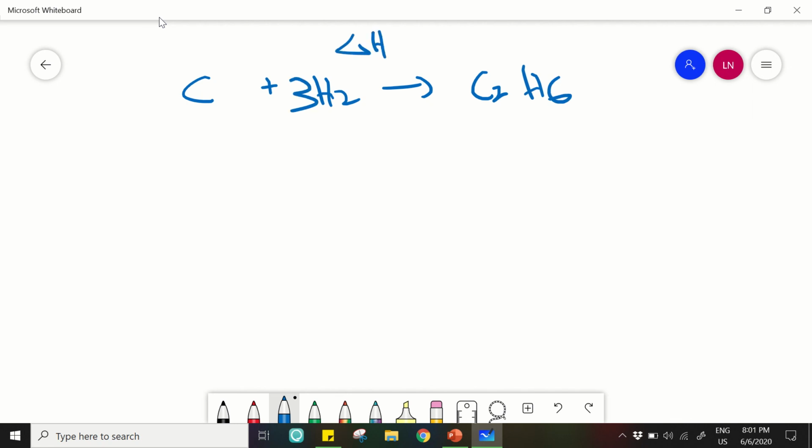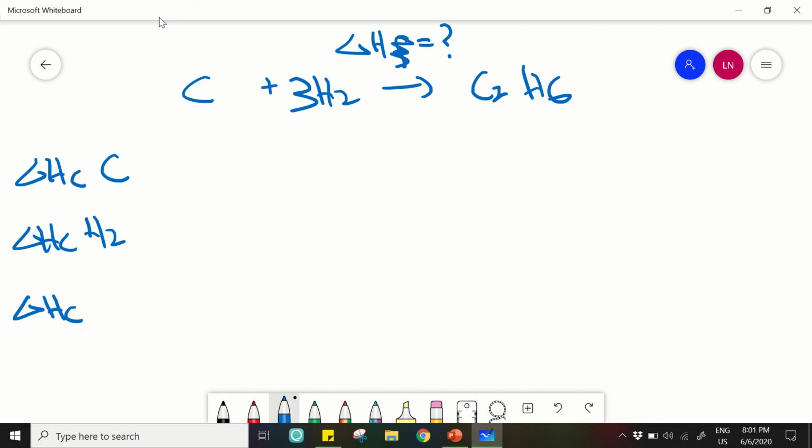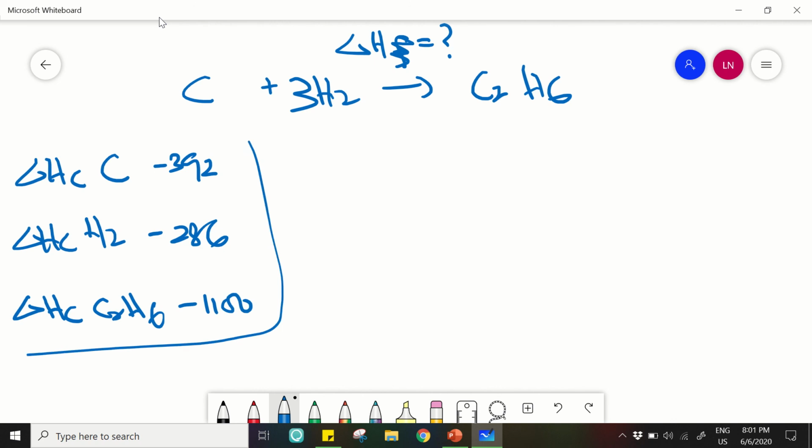So I want the enthalpy change of this. Okay, and then the information given is combustions of carbon, combustions of hydrogen, and combustions of C2H6. All right, so the energy negative 392, I'm giving the same, and this is negative 286, and this is negative 1100. For example, this is the information given.